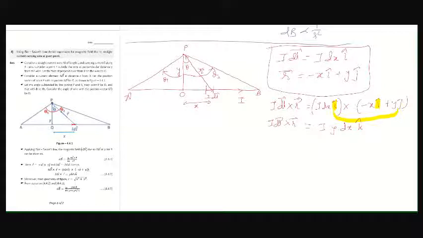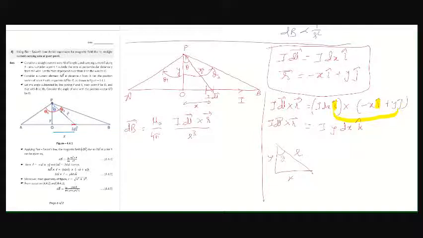Now what was the formula? The formula says that the magnetic field can be given as mu 0 by 4 pi, IdL cross r by r cube. One more thing here. As we can see from the figure, if you look at the geometry, here is r, here is y, here is x.